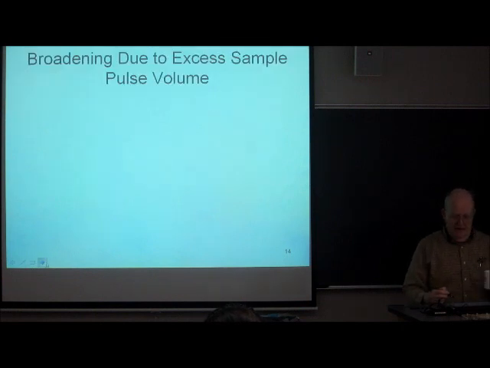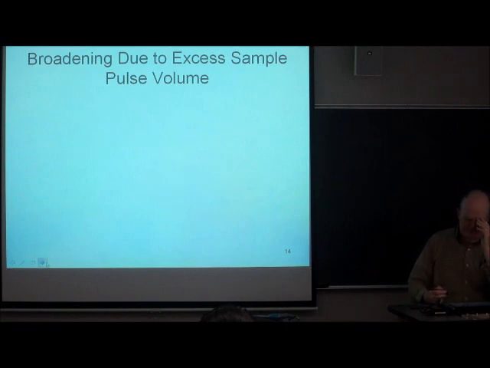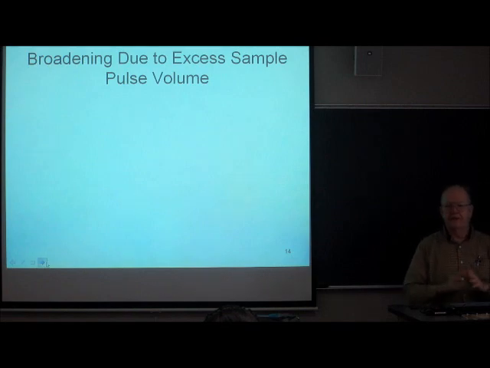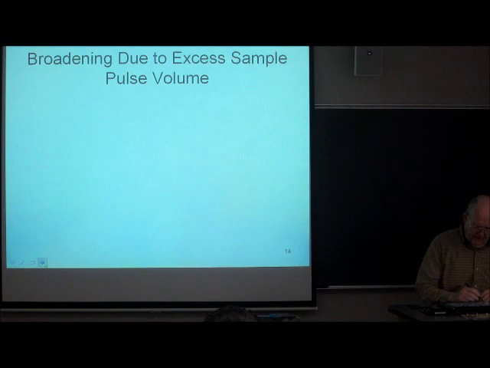So the first issue we're going to take up is that of excess sample volume. And what we're going to do is assume that the sample gets loaded onto the column as the simplest possible shape. And that's a pulse. We're not going to get fancy about the peak shape.